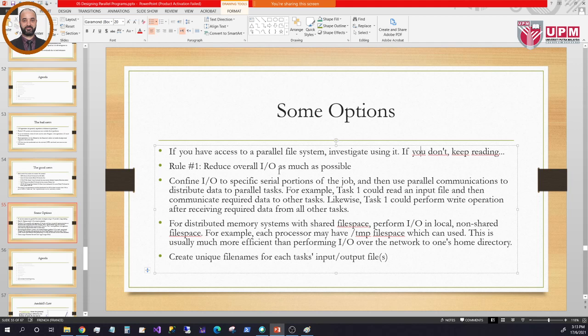For distributed memory systems with shared file space, perform I/O in local non-shared file space. For example, each processor may have a temporary file which can be used. This is usually much more efficient than performing I/O over the network to one's home directory. Also create unique file names for each task's input-output files.